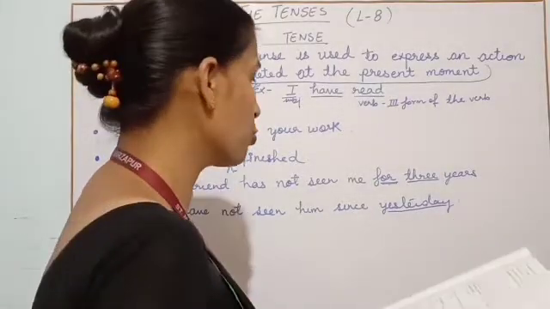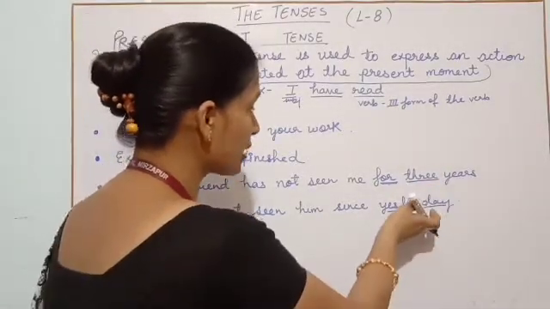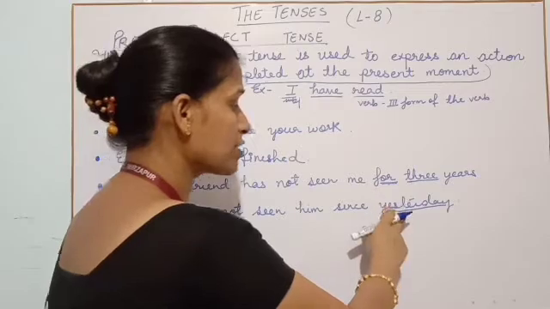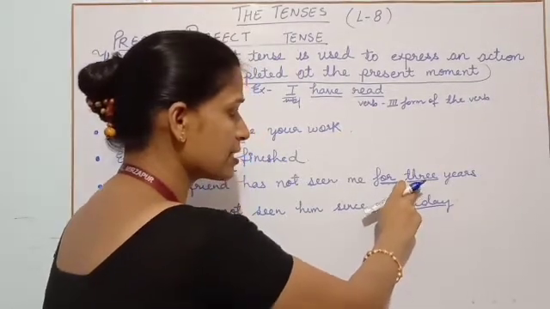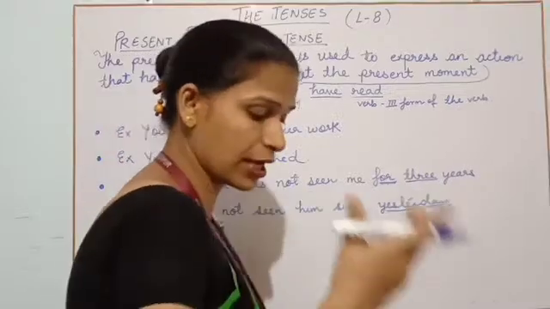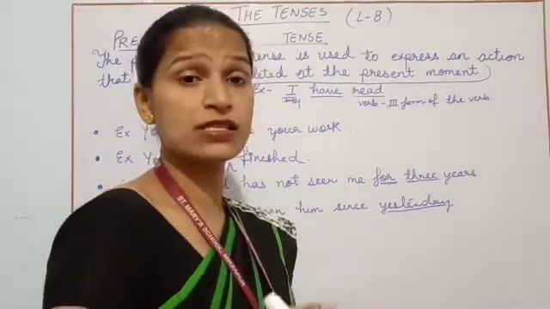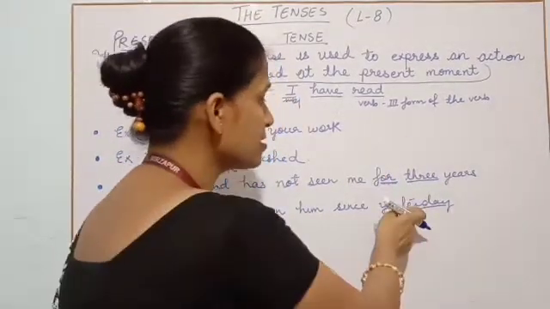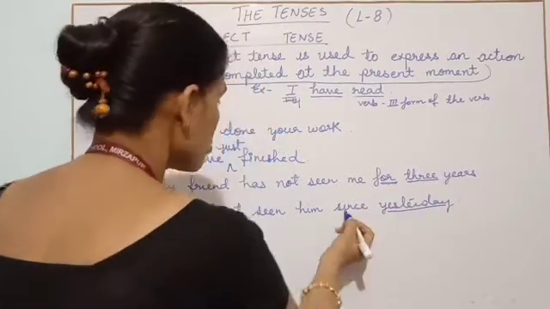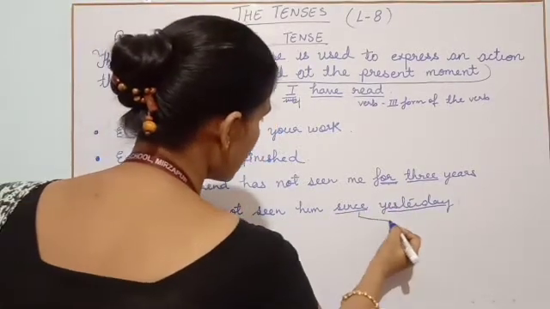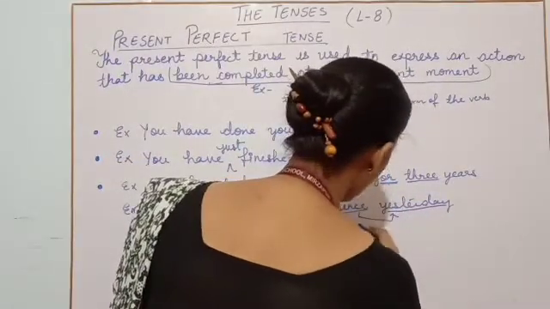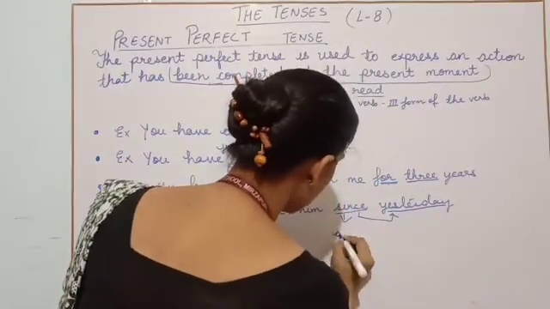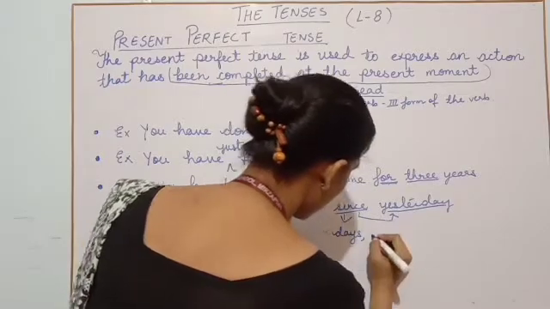It is telling you the time since yesterday. It is not telling you about any number. Number is expressed in the earlier sentence, but here it is indicating days. Since when have I not seen him? Since yesterday.